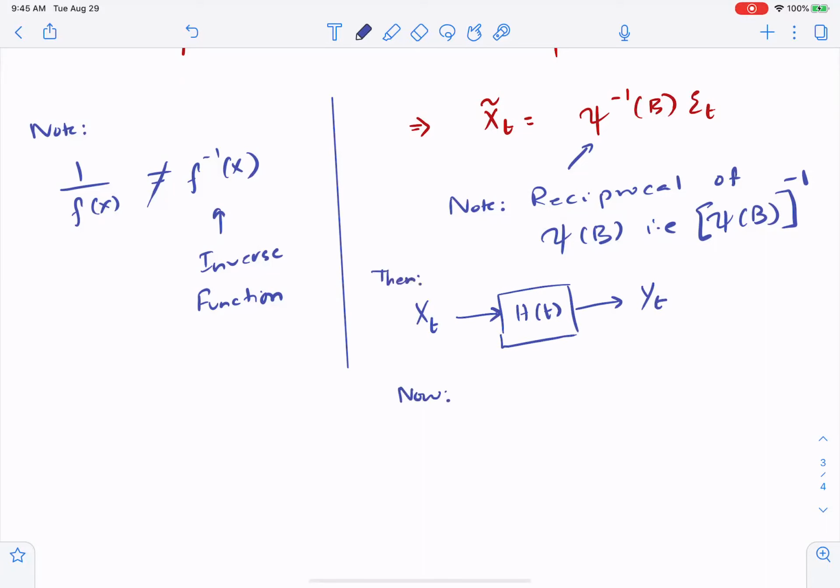Then 45 minutes ago, now, do we agree with that statement?